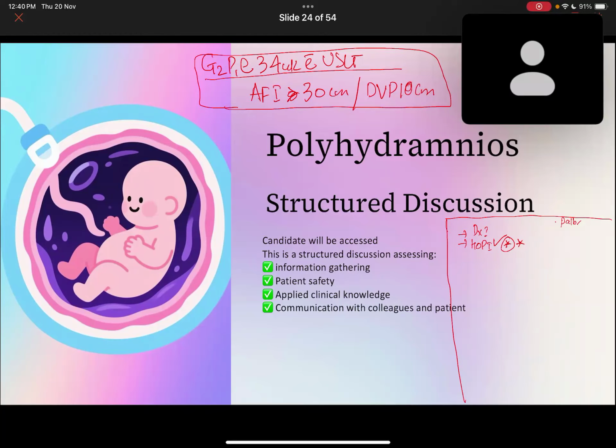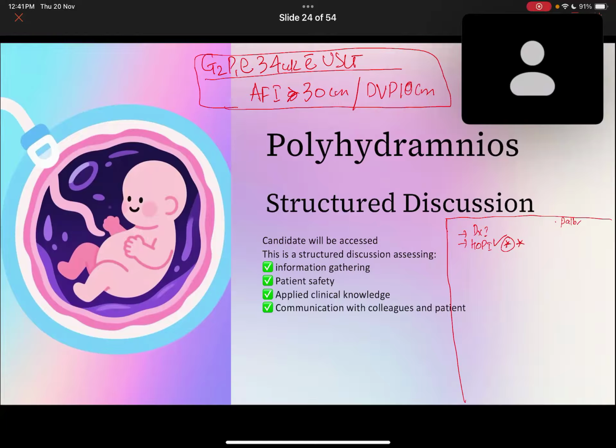After reviewing her investigations, after ruling out any gross abnormality on ultrasound, if the oral glucose tolerance test is normal, then my diagnosis is pregnancy with polyhydramnios, which in her case is 25 to 30 centimeters. It lies in mild polyhydramnios. From 25 to 30 centimeters it is mild, from 30 to 35 it is moderate, and from 35 centimeters it is severe.